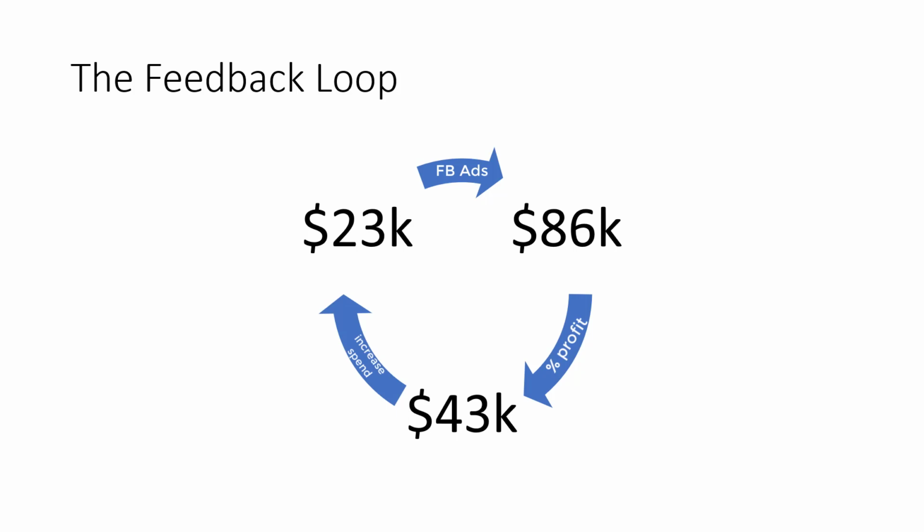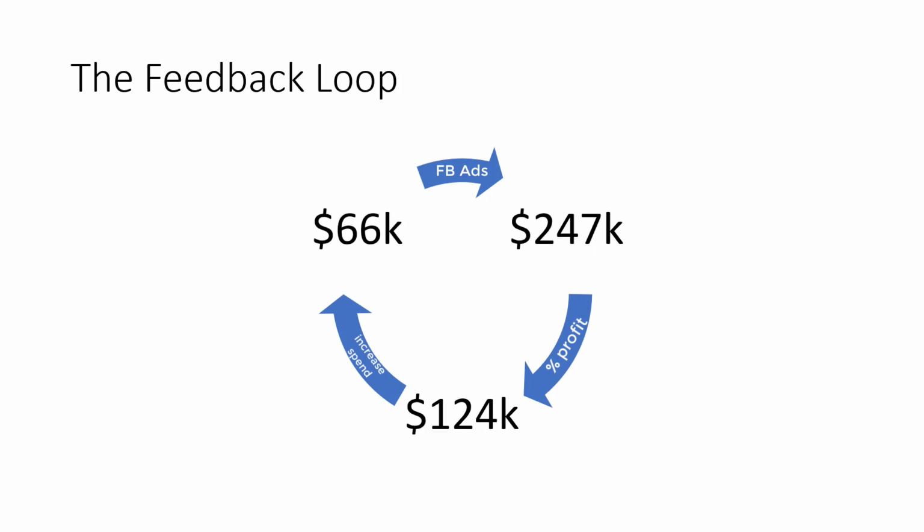We're gonna continue this feedback loop. $86,000, half of that is $43,000. So we're gonna take $43,000 and add it to $23,000. So now we're gonna spend $66,000 on ads, and we're gonna make 3.75x our money and earn $247,000 in profit.